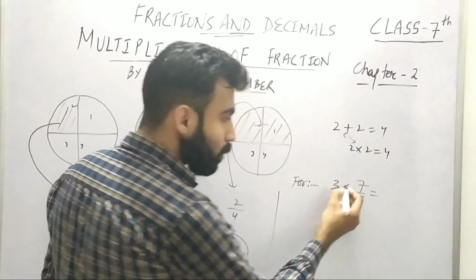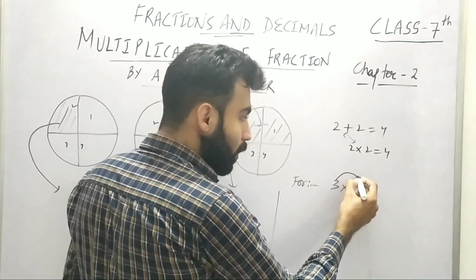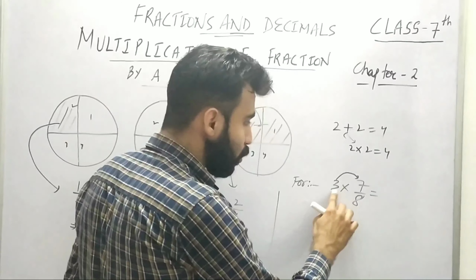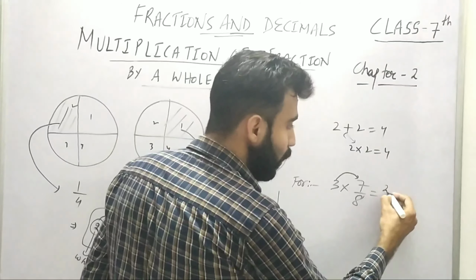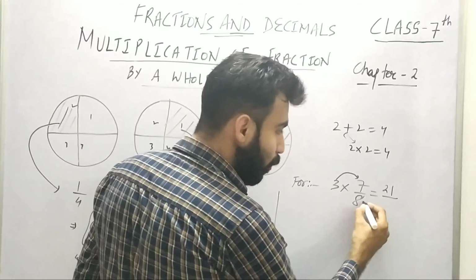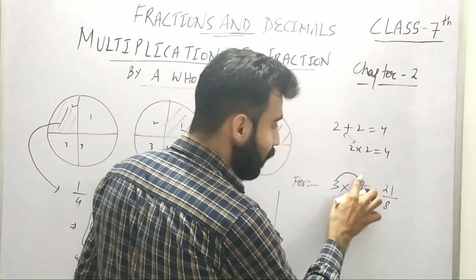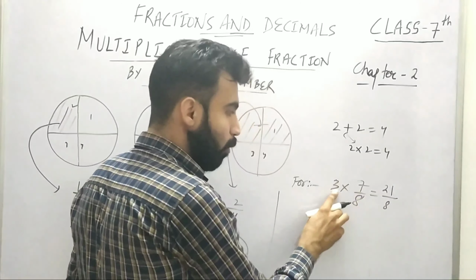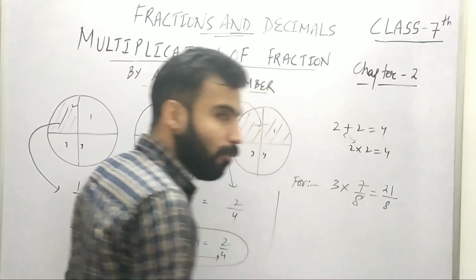How will you solve this? Simply multiply this whole number by the numerator of this fraction. 3 into 7 that is 21, and this denominator we will keep as it is, that is 8. So this is how we multiply a whole number by a fractional value.